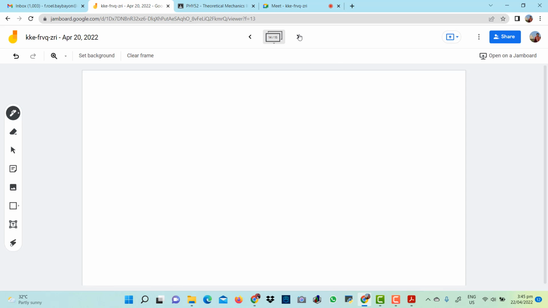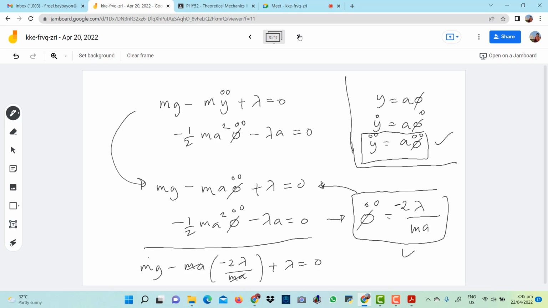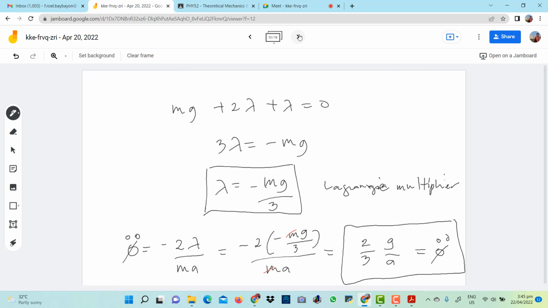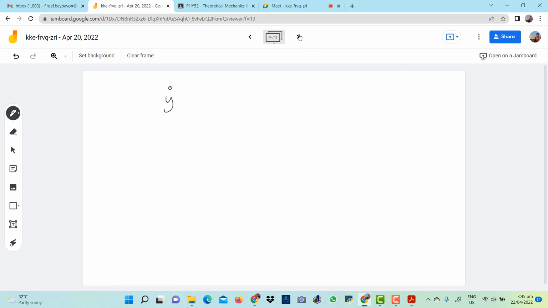And y double dot, sorry. Y double dot is a times phi double dot. So this is just equal to a times 2 over 3 g over a.